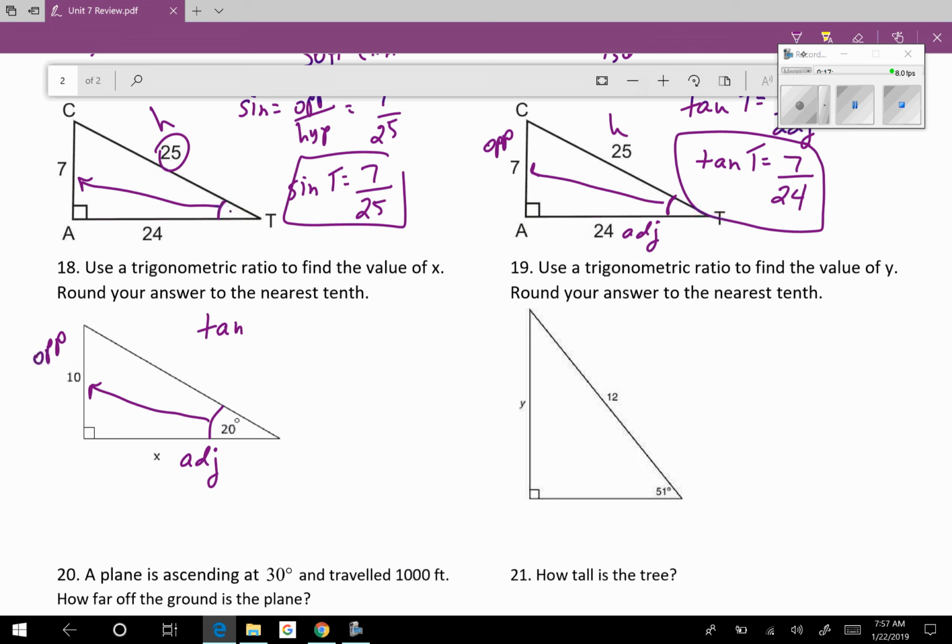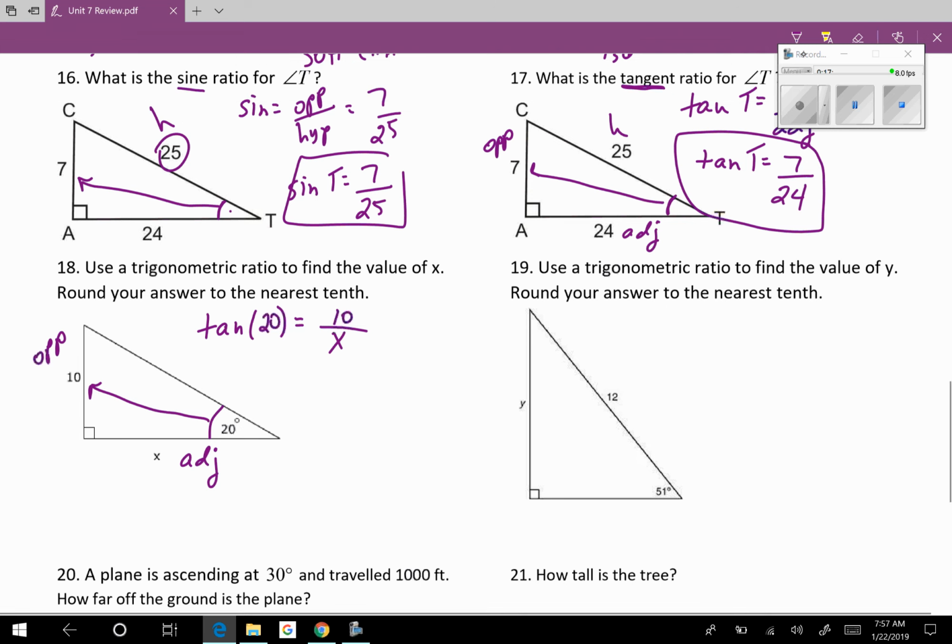So the tangent of 20 is equal to the opposite over adjacent, so 10 over x. Now when we've got the x in the bottom, all you end up doing is switching the x part and the tangent part. Like you put them in their same spots, but switched. So the x is going to come up here, and the tangent is going to go on the bottom.